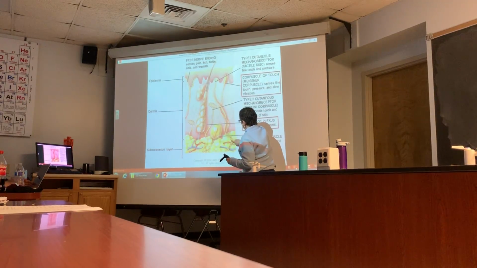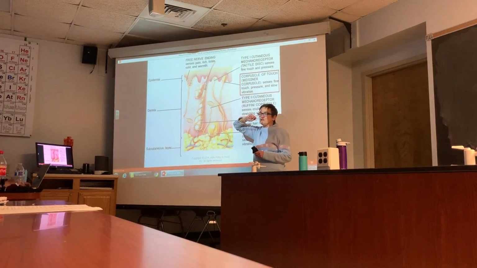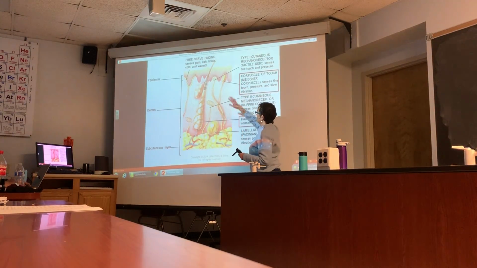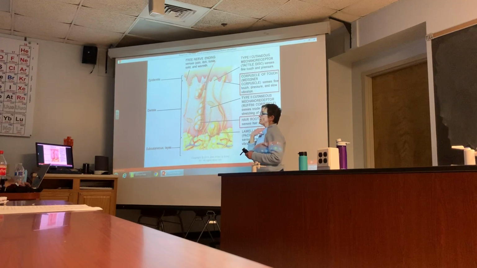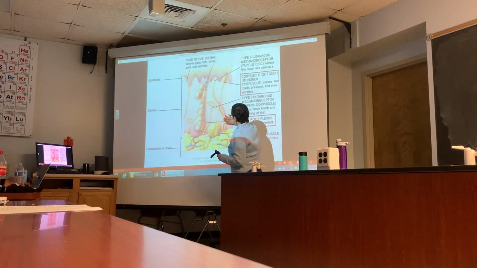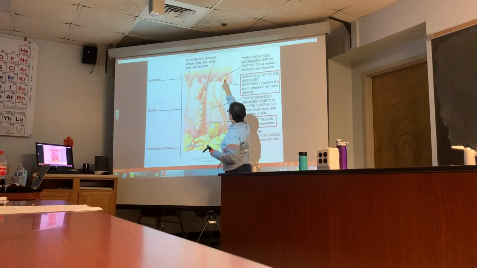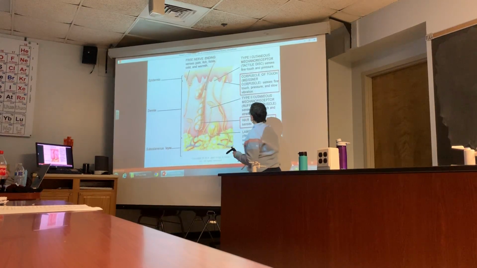That axon would then enter a nerve and carry information to your spinal cord or to your brain. If it's in your face, it would go through your facial nerve or other cranial nerves to your brain. So the dendrite is here, the axon is here.